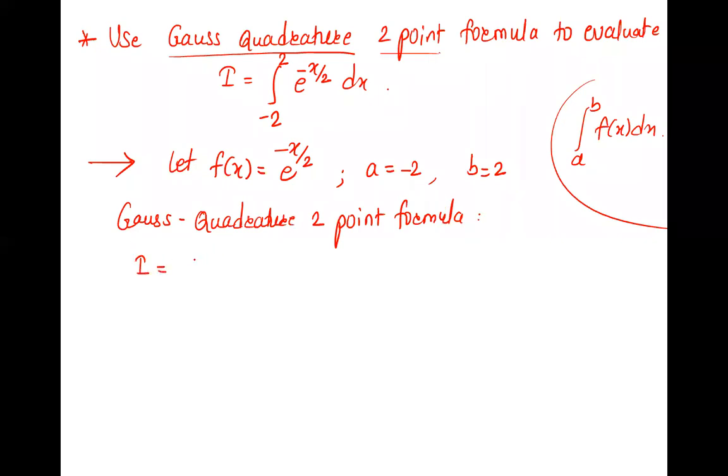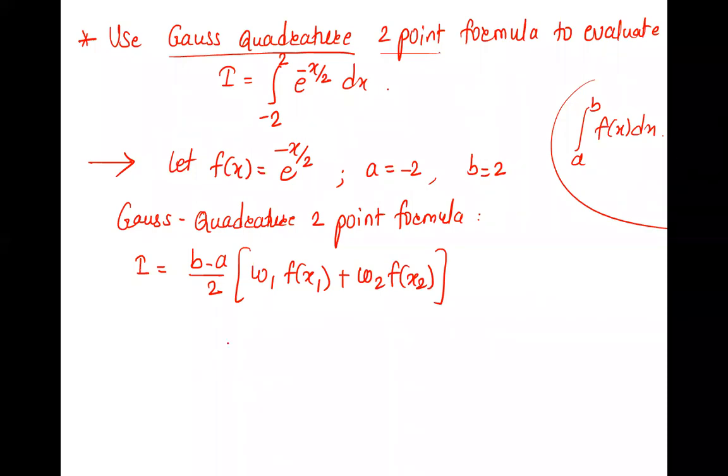Integration a to b f of x dx, that is integration, the given value, is b minus a upon 2 into W1 f of x1, correct, plus W2 f of x2. Very good. Because it is 2 points, so we'll write W2. If it is 3 point, we'll also write W3.